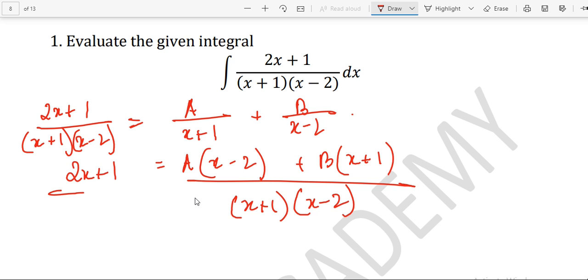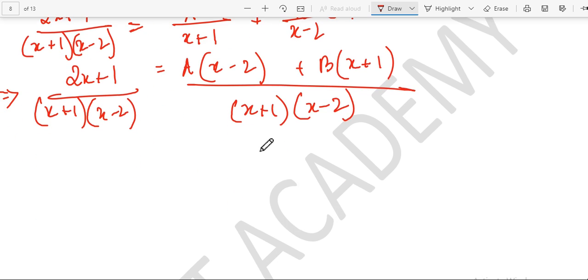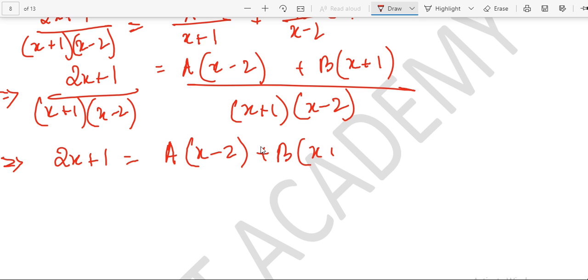This is the left hand side, it was 2x plus 1 divided by x plus 1 into x minus 2. Now we have to compare, so 2x plus 1 is a into x minus 2 plus b into x plus 1.